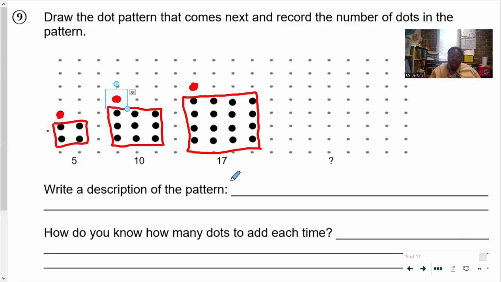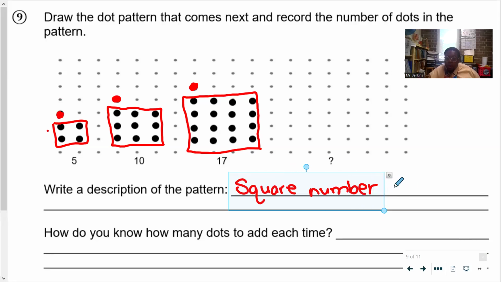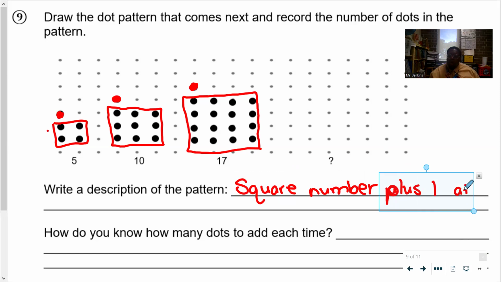So our rule here is you square each number, or you get a square number, and then you add 1 to the top. So a square number plus 1 at the top of your shape, okay? So for this next one, since we did 4 squared, I'm going to do 5 squared.